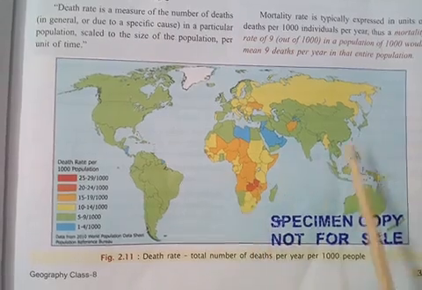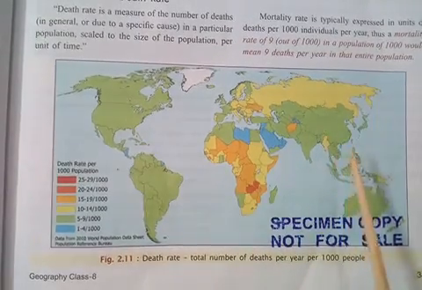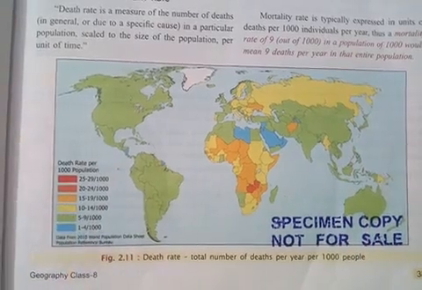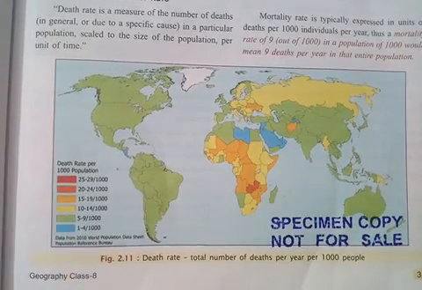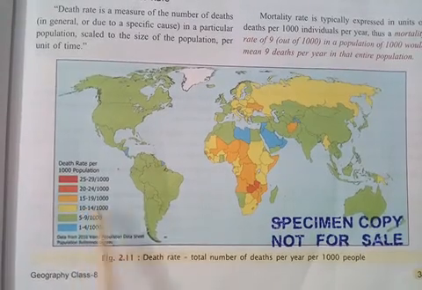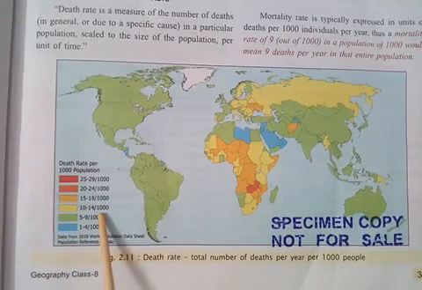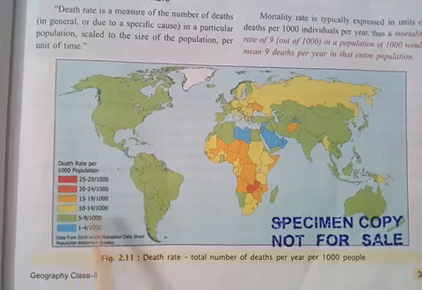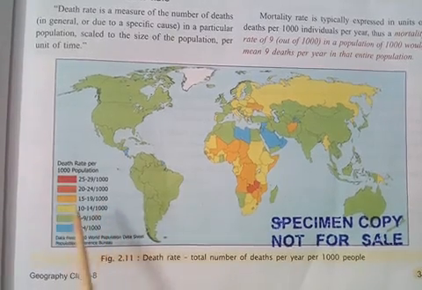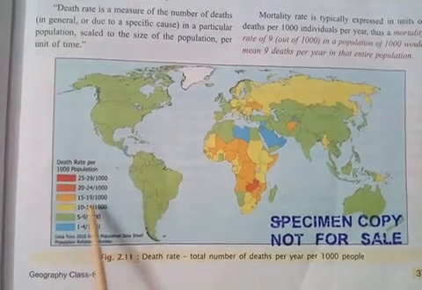All these countries are shown in yellow color. Now the box shows that the mortality rate here is 10 to 14 per 1000 population. So that is medium, not low, neither very high. We can say it's medium.